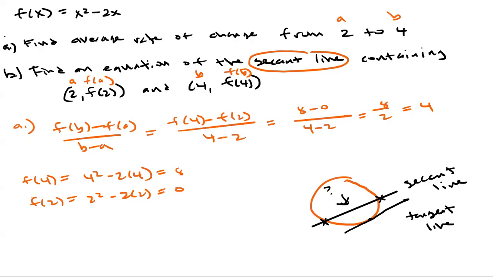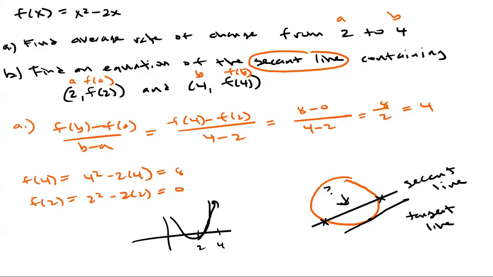So we have some parabolic shape, right? So I don't know where it is. It's some kind of parabola, and we want to know from, say, 2 to 4, what is that equation? So, maybe it looks something like this.